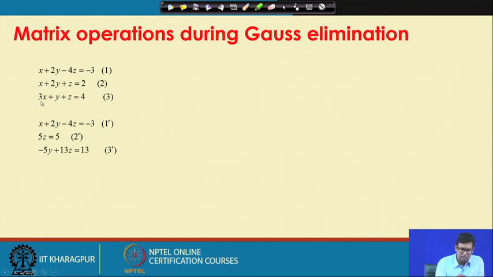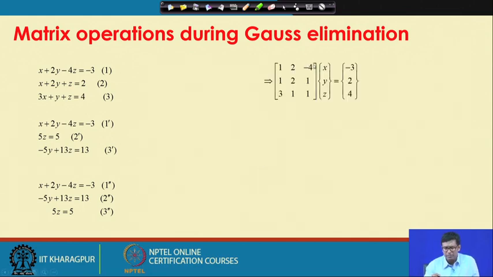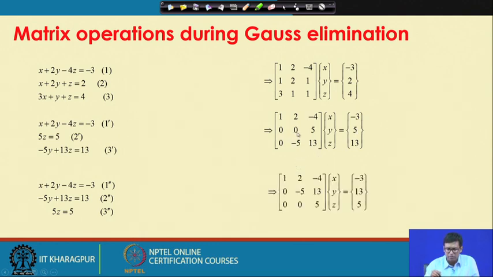First is the elimination step of x, and then there is a row equation permutation step of the second and third equation, which gives me the first forward elimination step. The equivalent matrix step is that in the A matrix, as well as in the B column vector, the first row and second row go through certain steps so that they are changed, and then there is an interchange or permutation between the second row and third row.